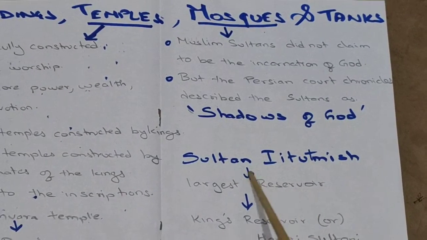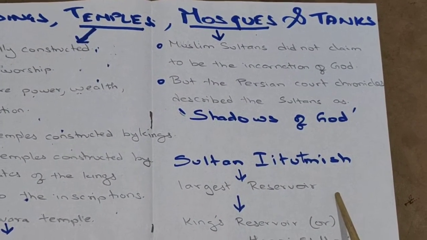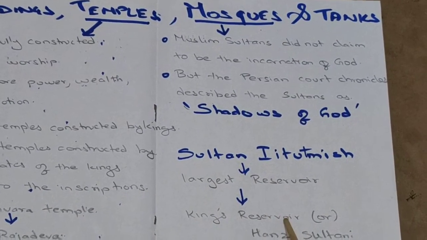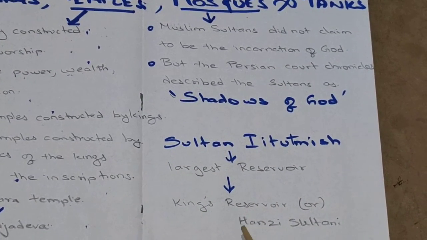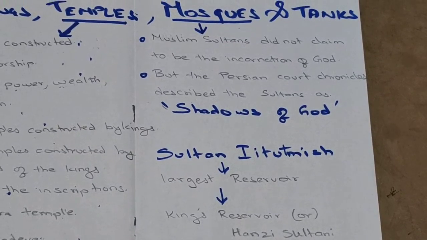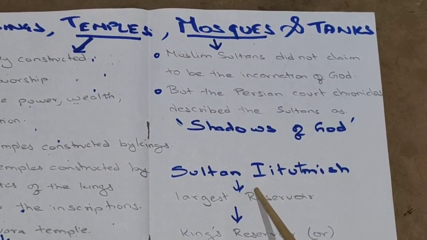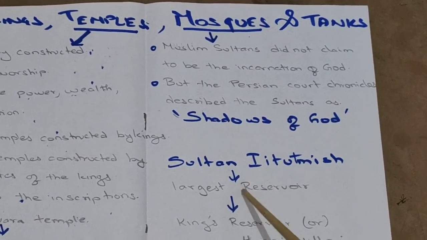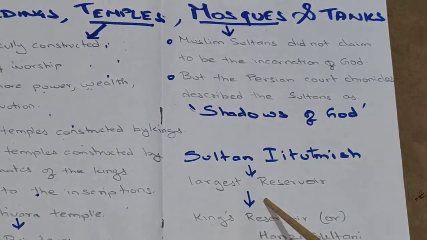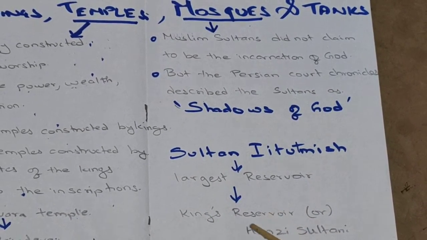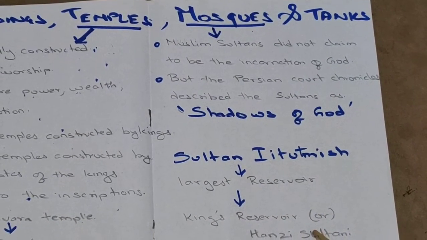A reservoir is a tank-like construction to store water, and he called it the King's Reservoir, also called Hauz-i-Sultani. These sultans built tanks so that their name would be acclaimed, because building a tank and saving water brings a good name among the people.